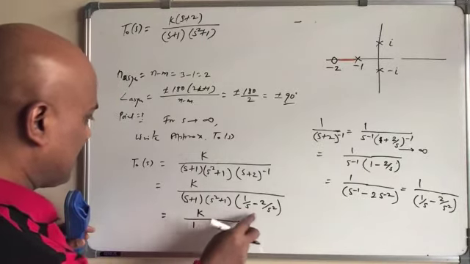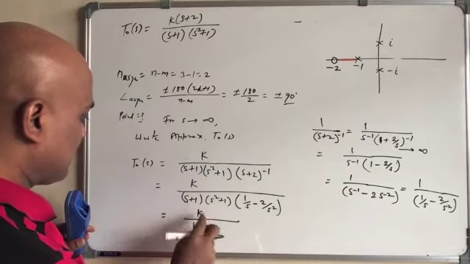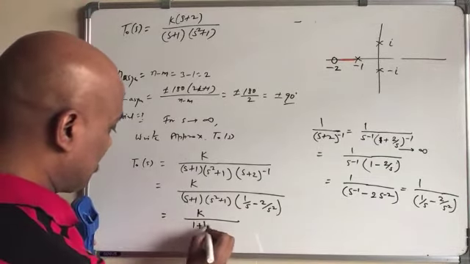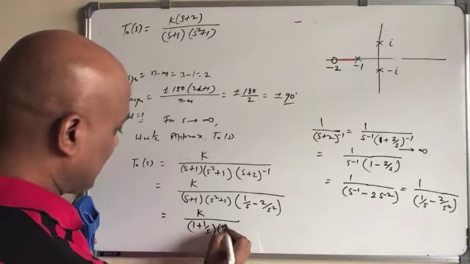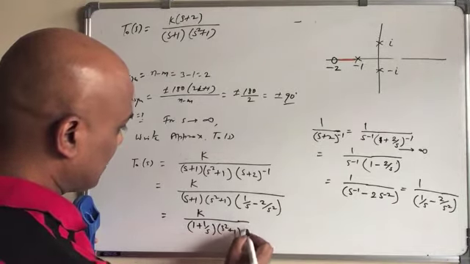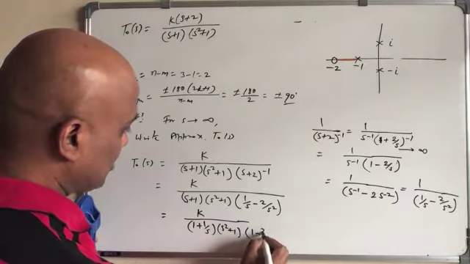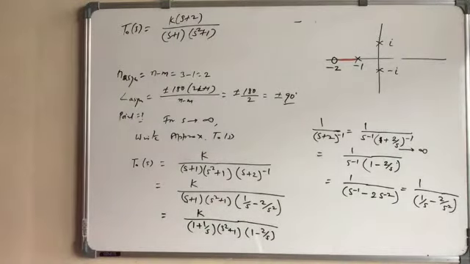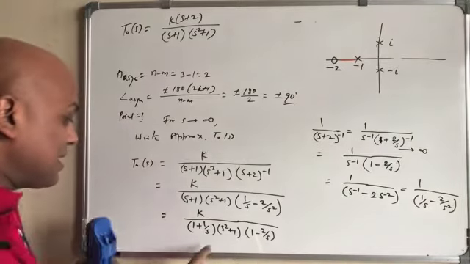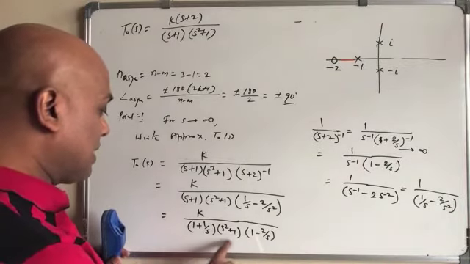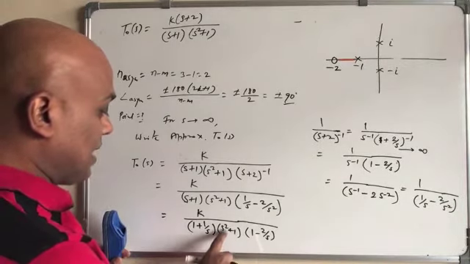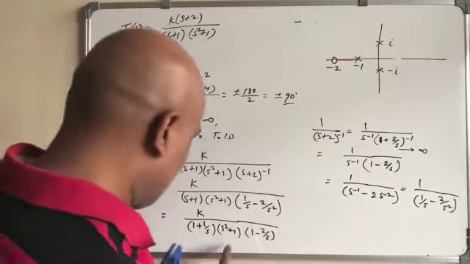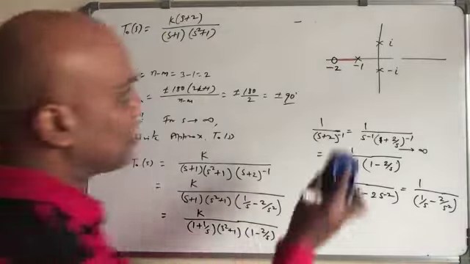You can take the s this side, so we can write either 1 plus 1 over s multiplied by s square plus 1 multiplied by 1 minus 2 over s, like this. So what we see here, the maximum order becomes like s square. So if we work out this one, let's work out.